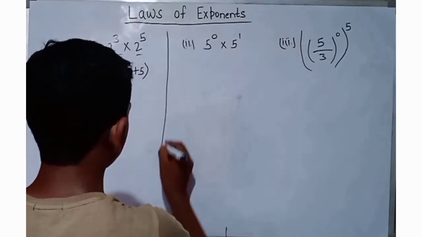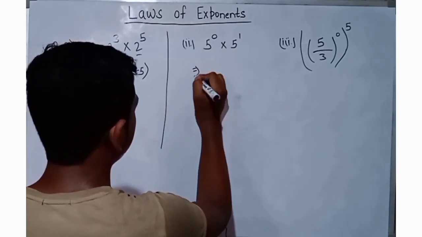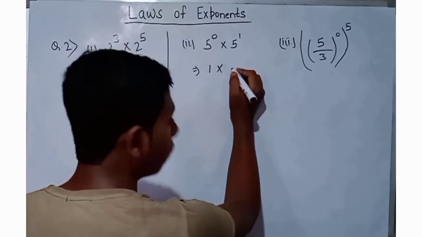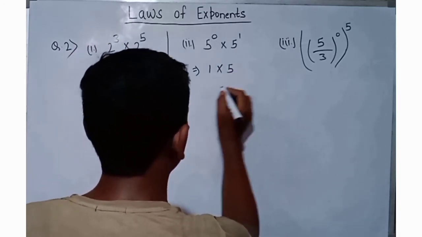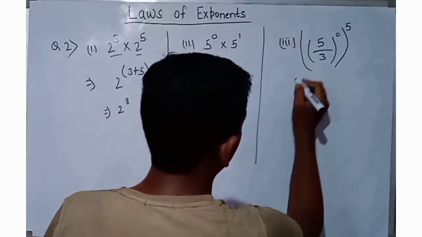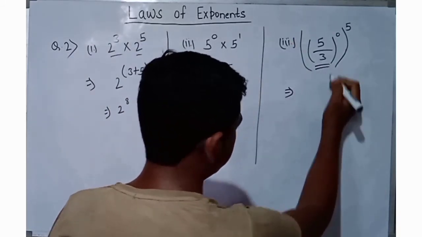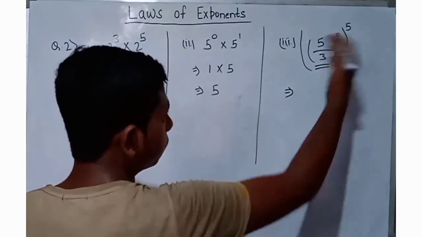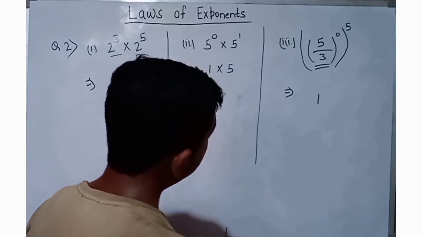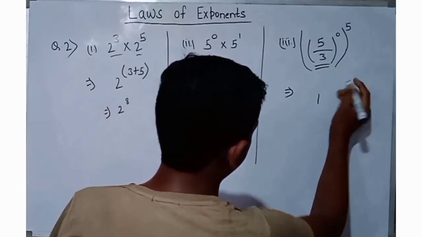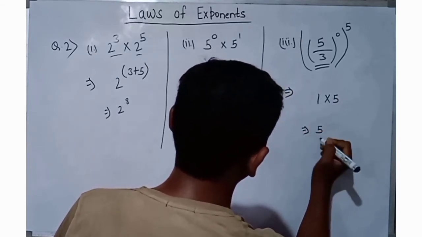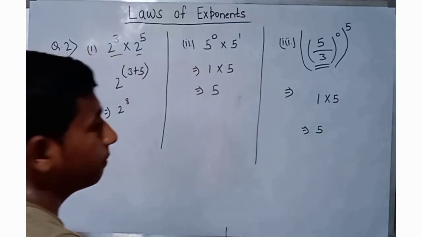For the second part, 5 whole 0 will be 1, into 5 whole 1 will be 5, so it will be 5. For the third part, 5 by 3 to the power 0 will be 1, and 1 into 5 will be 5.